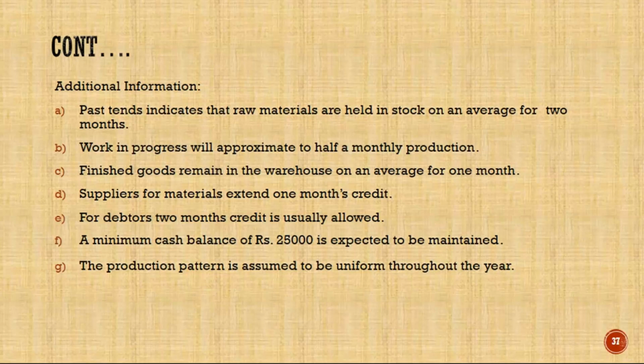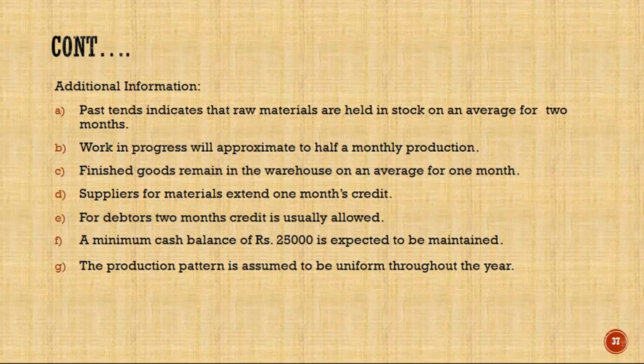Second, work in progress will approximate to half a monthly production. Next, finished goods remain in the warehouse on an average for 1 month. Next, suppliers for materials extend 1 month's credit. Next, for debtors, 2 months credit is usually allowed.